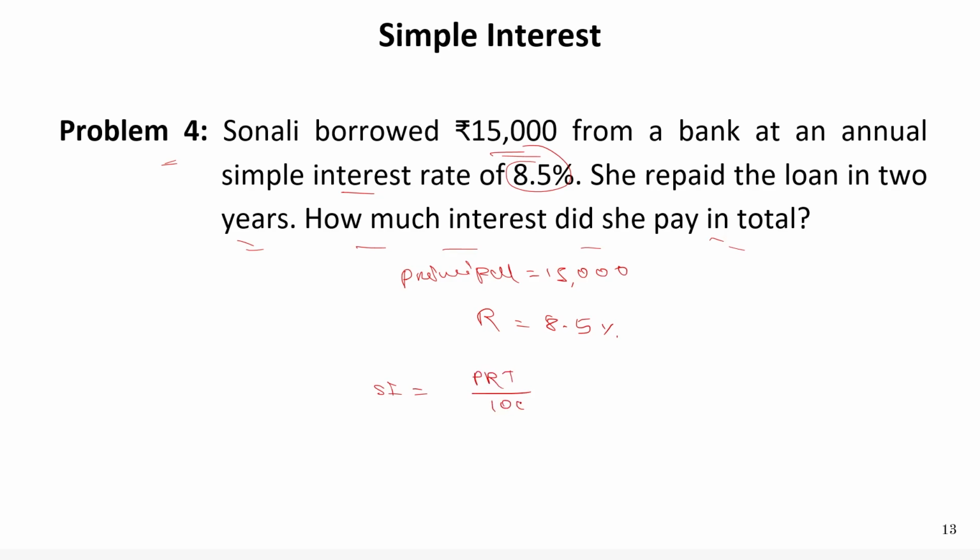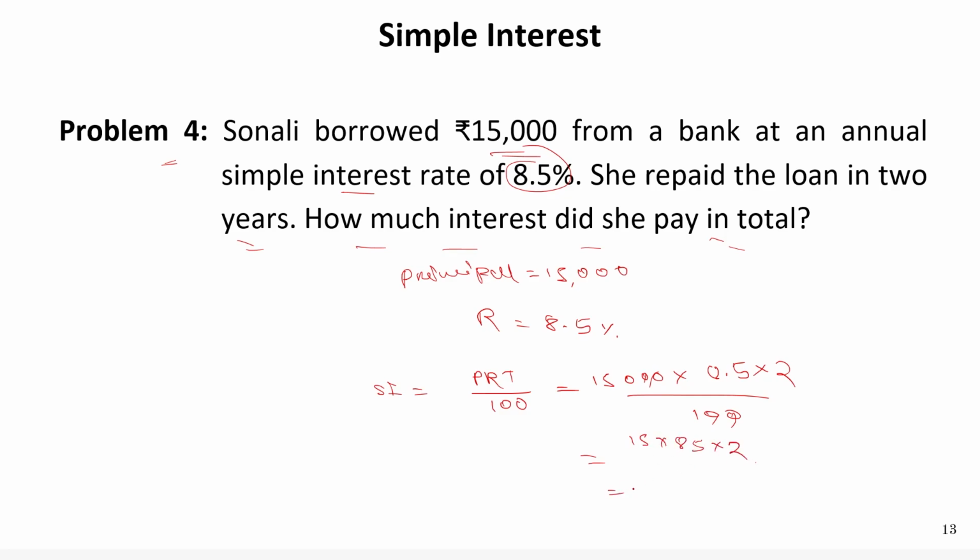PRT by 100. We will use this formula, right? So 15,000 into R is equal to 8.5 into 2 years, so 2 by 100. Let's cancel out 2 zeros from here. So it is 15 into 85 into 2.